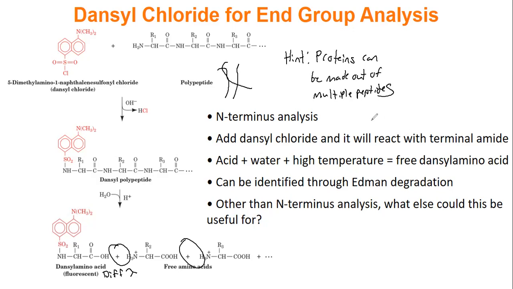But every peptide chain has an N and C terminus. Multiple of these chains can be combined to make one protein. So the dansyl chloride method could tell you, if I have a brand new protein, how many chains it is made out of. So that's just another way to think about this.